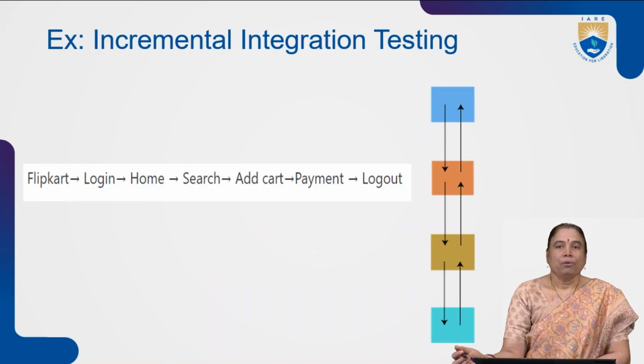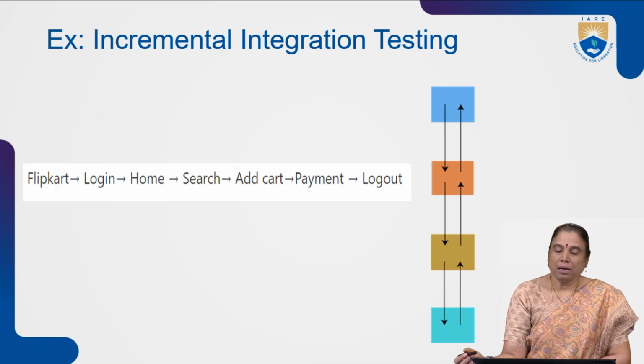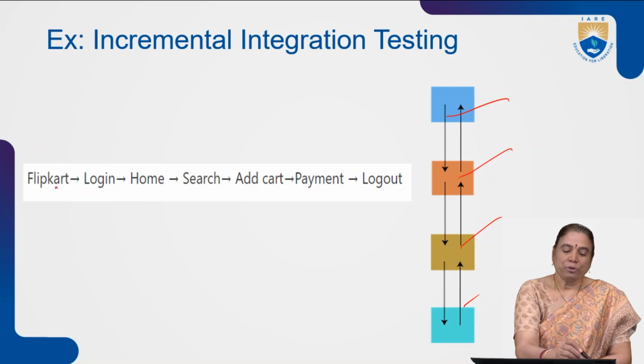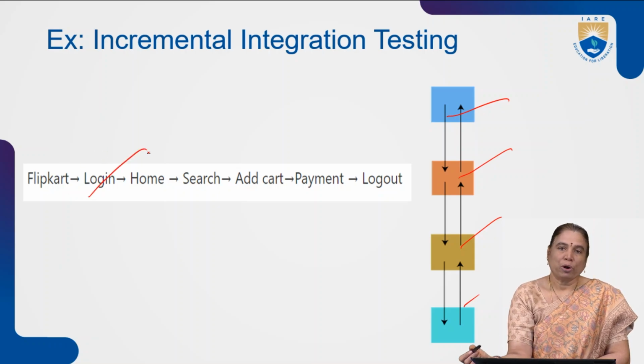An example of integration testing is placing an order on the Flipkart e-commerce website. The modules can be added in an incremental fashion, or ascending order, to test the functionality. In Flipkart, the user first logs in, which is the login module.